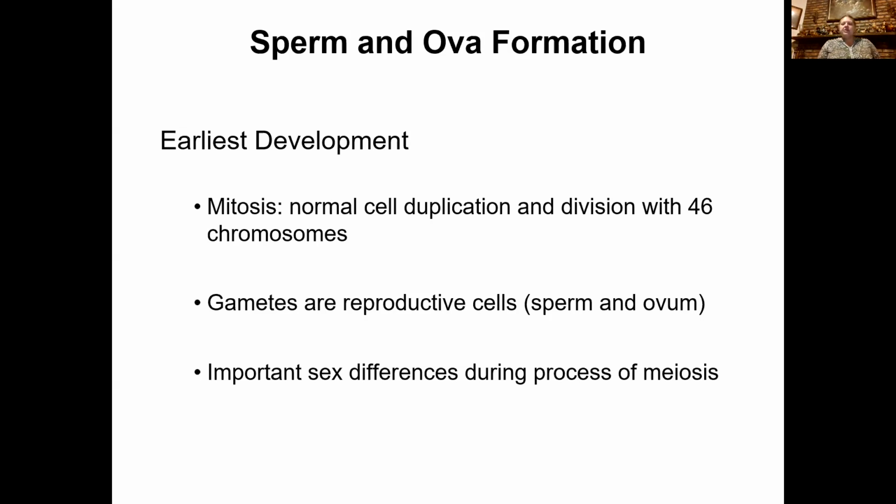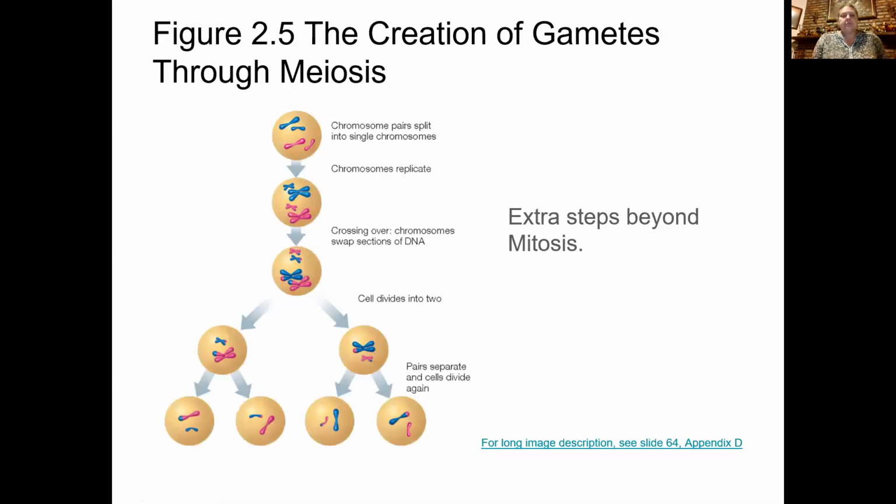Your gametes, which are the sperm and the ovum, work a little bit differently. The process they go through is called meiosis. It's similar to mitosis, but there are another couple of steps involved. We start off with the chromosome pairs splitting into single chromosomes.